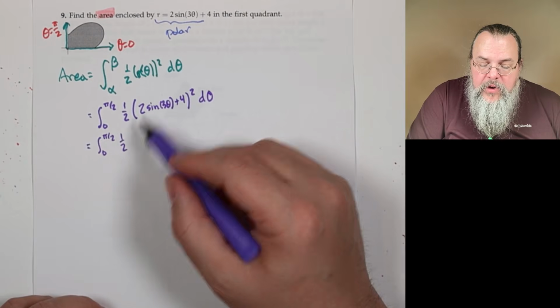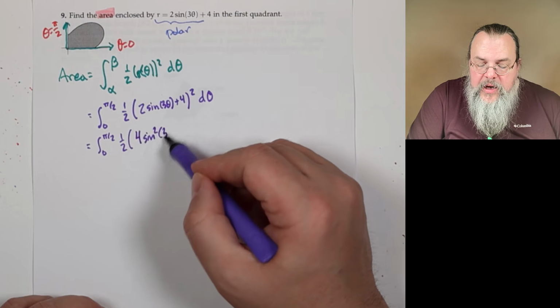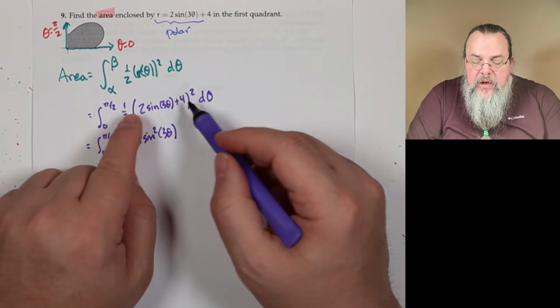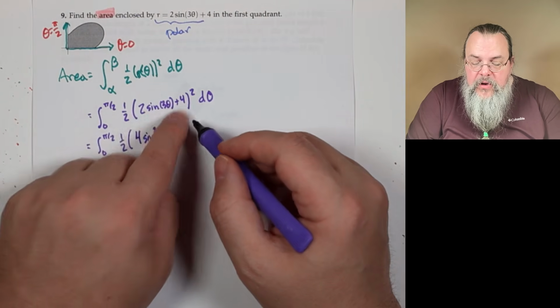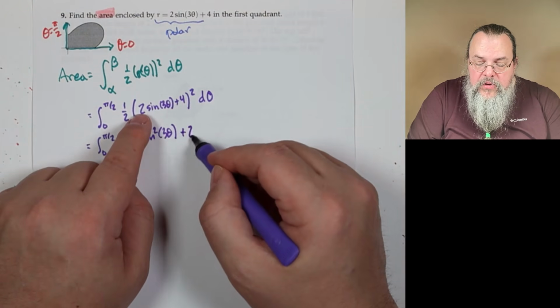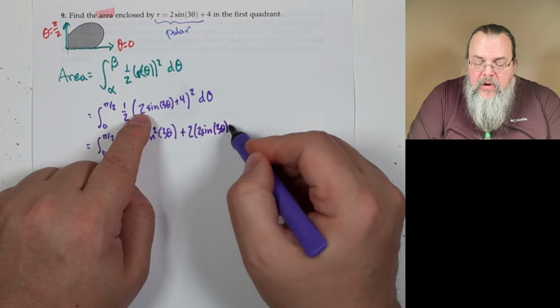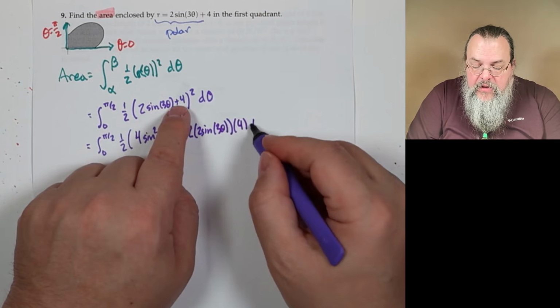We square this, and that'll be 4 sine squared of 3 theta. Then a squared, and then 2ab: 2 times 2 sine 3 theta times 4, plus b squared, 16.